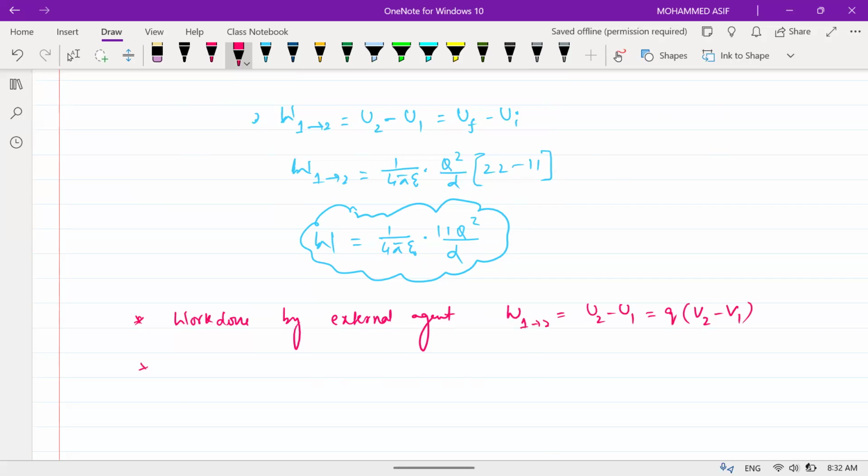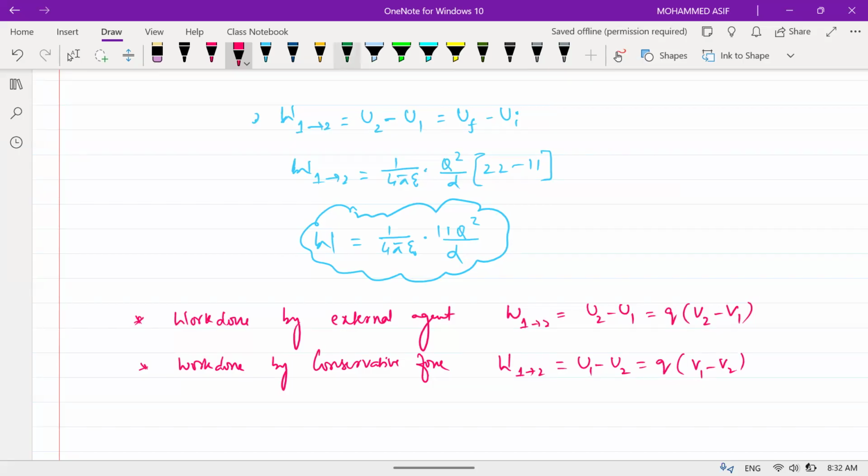If it is work done by the field, that means if the electric field is doing the work, no external work is being done. It is work done by your conservative force. Electric field is a conservative force. So when you're going from 1 to 2, it is always U1 minus U2, and potential will be Q into V1 minus V2.